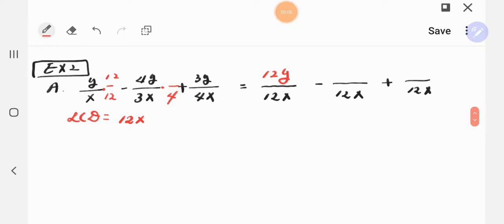Now the denominator became the LCD, 12x, so we multiply the numerator by 4. The numerator will be 4 times 4 is 16y. And the last one: 4x times 3 is 12x, which is the LCD. Then multiply the numerator by 3, and there will be 9y.